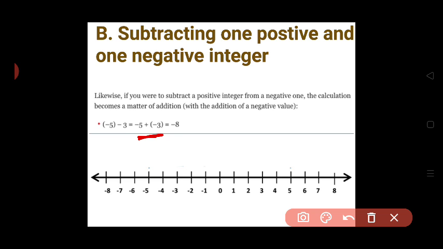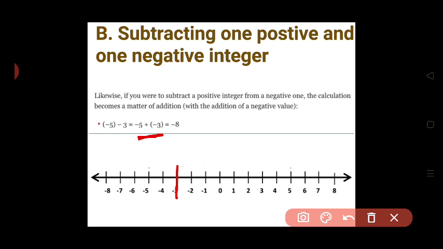If you have to represent this on the number line, we have to move from minus 3, because minus 3 is considered as B, to minus 5. That means move 5 more units towards left, because minus 5 is negative and in that case for negative we have to move towards left.